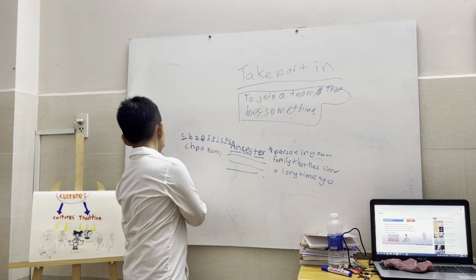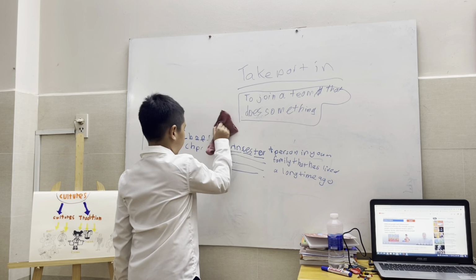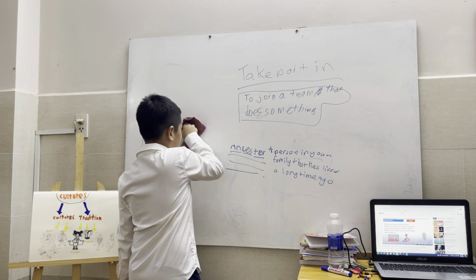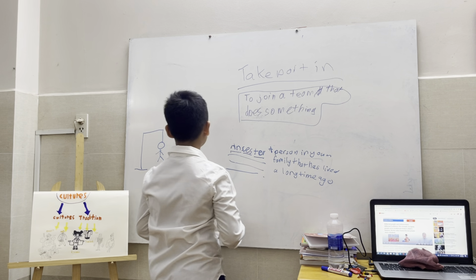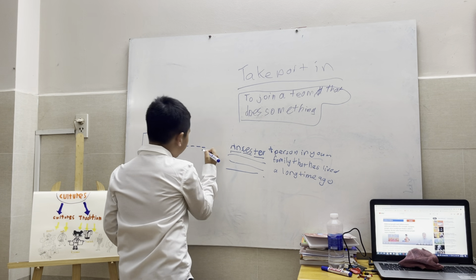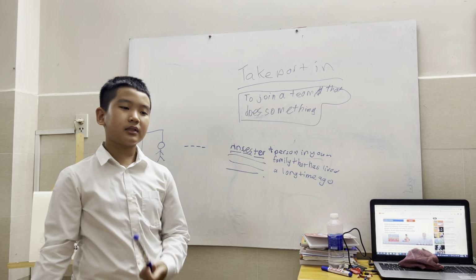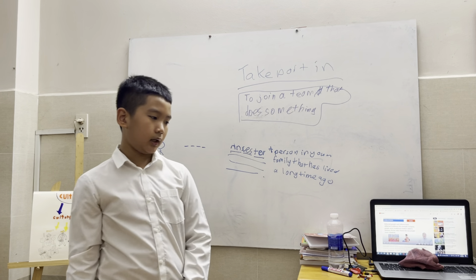So chopsticks, it still stays the same. Let me erase it to make more space. Now I'm talking about something you eat. There are only 4 letters, so guess it. What did you guess? Type in the comments below.